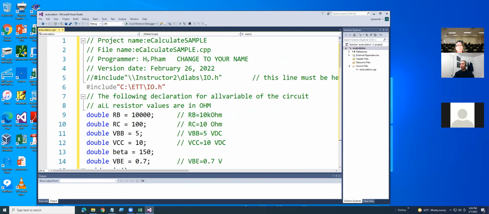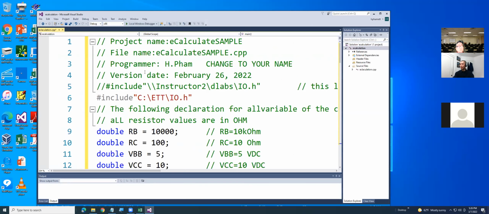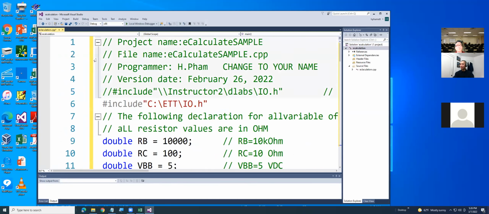Now I try to explain to you. First thing, you understand the slash comments, right? They will be green. You type in your project name, whatever name, and you type in your CPP file.